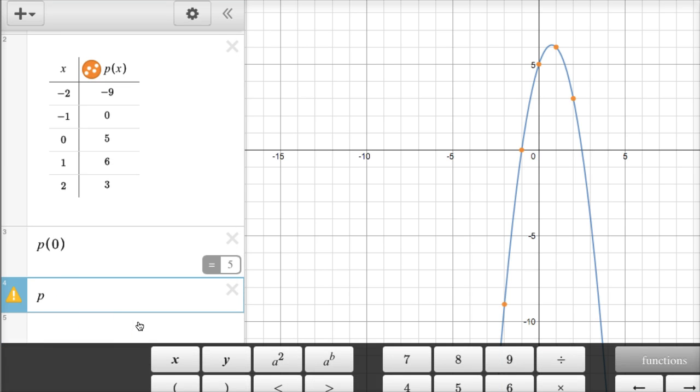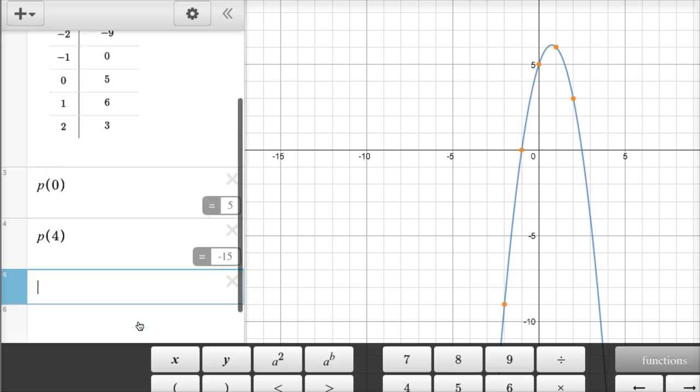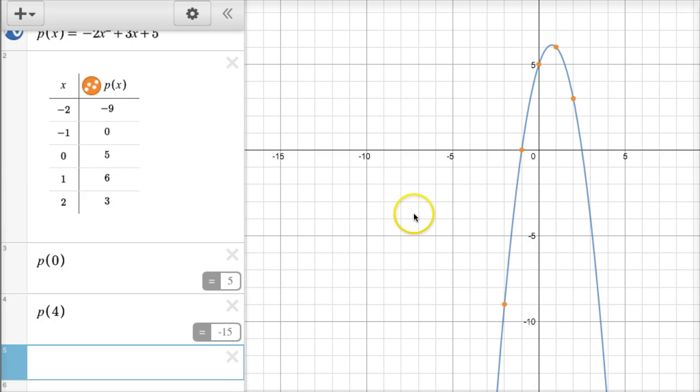So I could take P of 4, put that in, and here we have negative 15. If I put in P of 4, over 1, 2, 3, 4, it actually drops off my screen, it looks like.